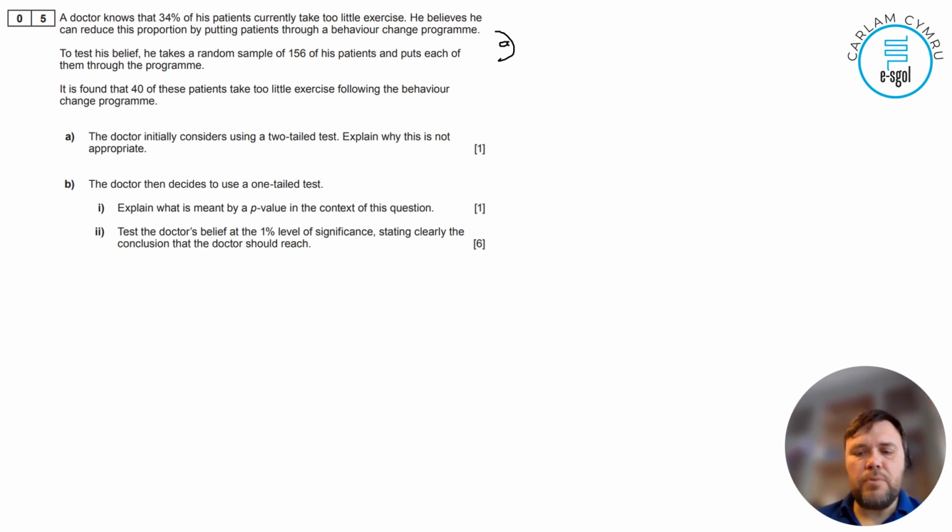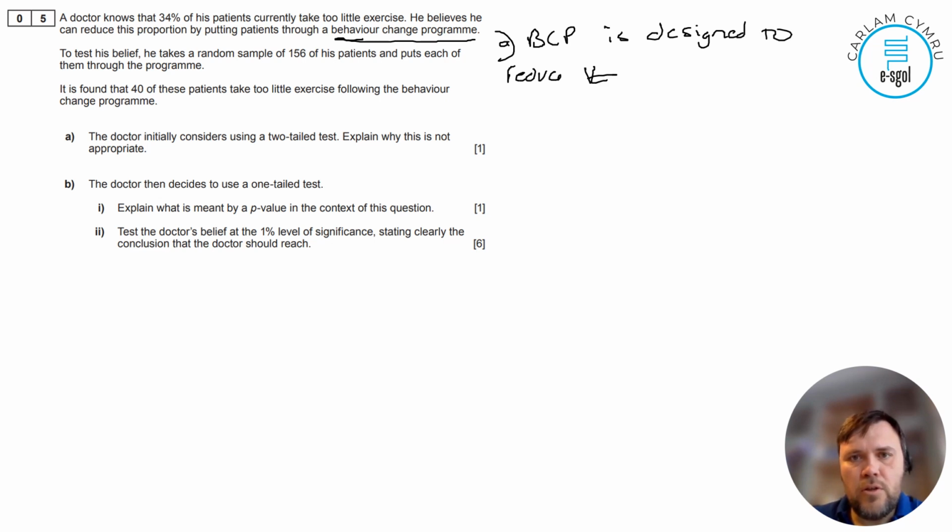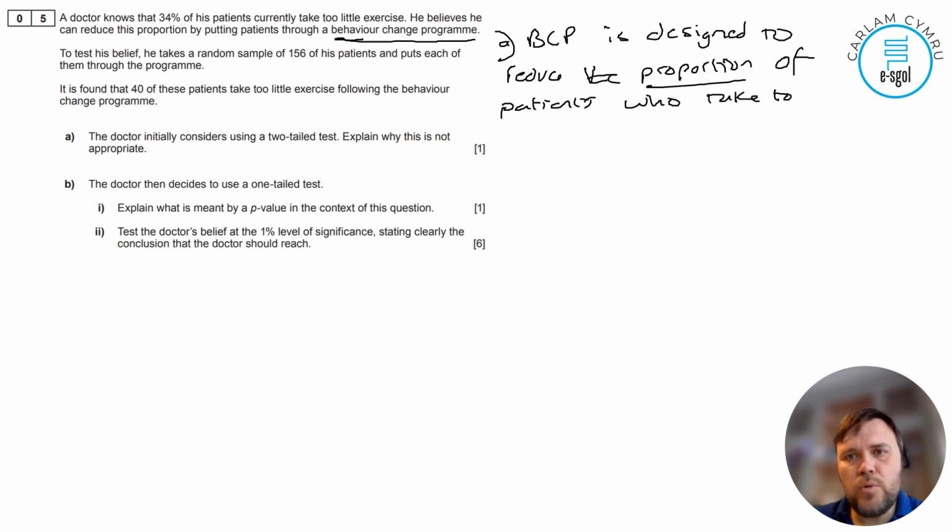So the behavior change program is designed to reduce the proportion of patients who take too little exercise. And that word proportion is important.